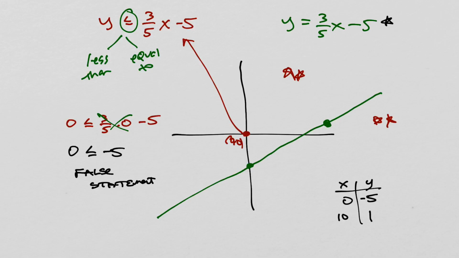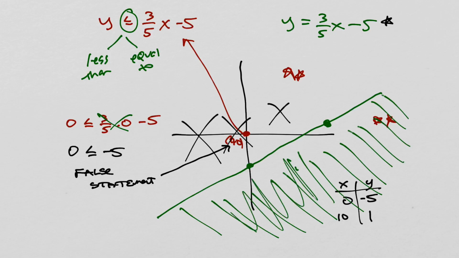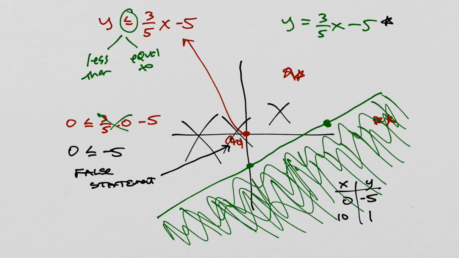So that means this point that we picked right here, we can't use that point, which means we don't want to use any of this stuff up here. So what we're going to use is this part below the line. So in this case, my solution set is all of this stuff below the line like that.